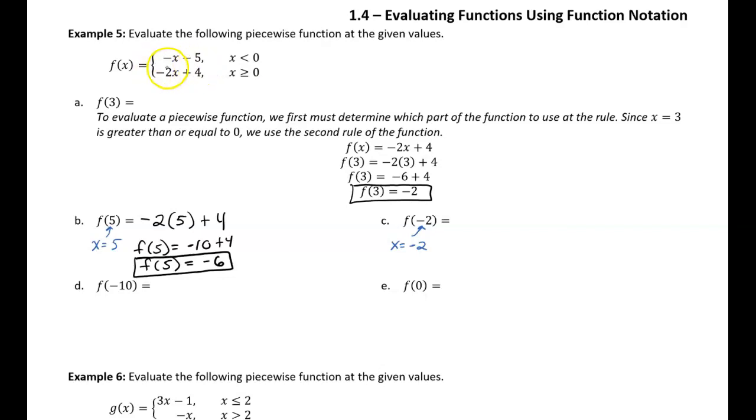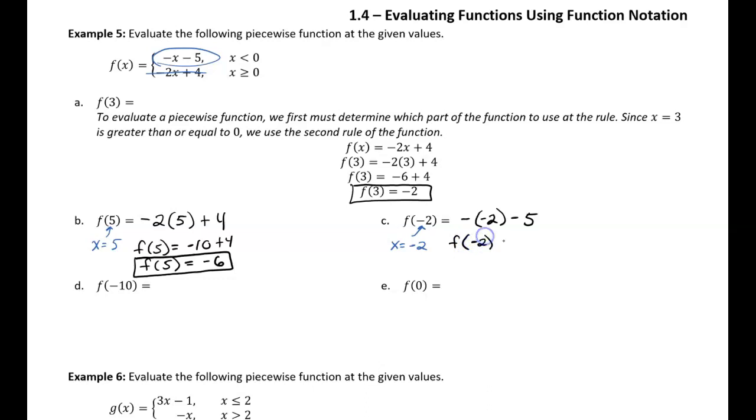Nope. So it looks like this time we're going to use the first rule because it belongs to this x being smaller than 0. So I'm going to have my skeleton. Notice there's a negative in front of that x, so I put a negative in front of my parentheses minus the 5. And I'm going to plug in the -2.